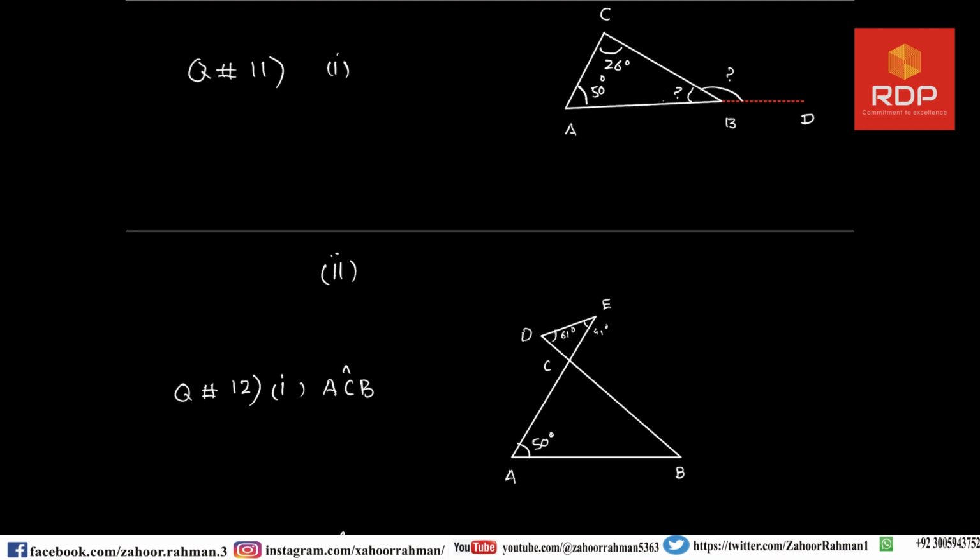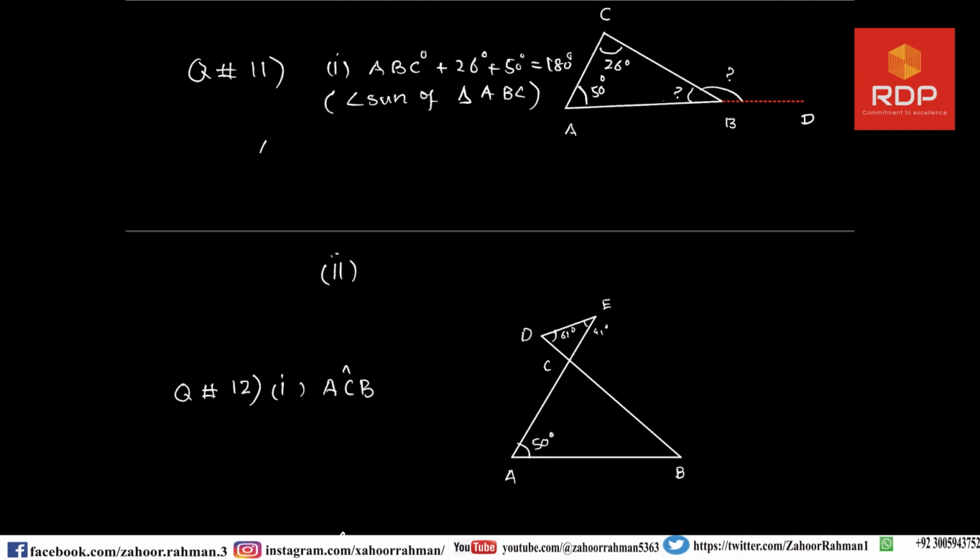Now we have to find, and that is super easy, angle ABC. So we are writing ABC plus 26 degrees plus 50 degrees is equal to 180 degrees, and that is the angle sum of a triangle. And you can write angle ABC as well if you want to be precisely right.